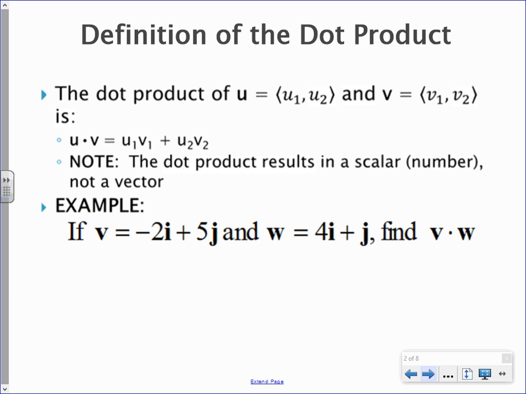Here's the first example that we are going to do. I would write it down if I were you. Vector v is the vector -2i plus 5j, and vector w is the vector 4i plus 1j.